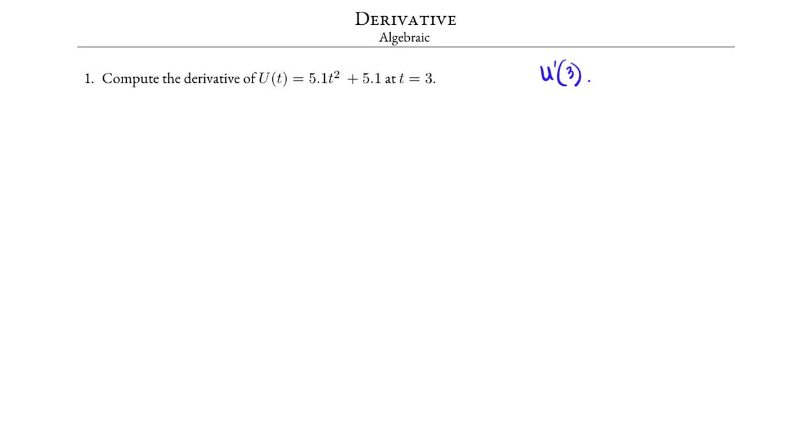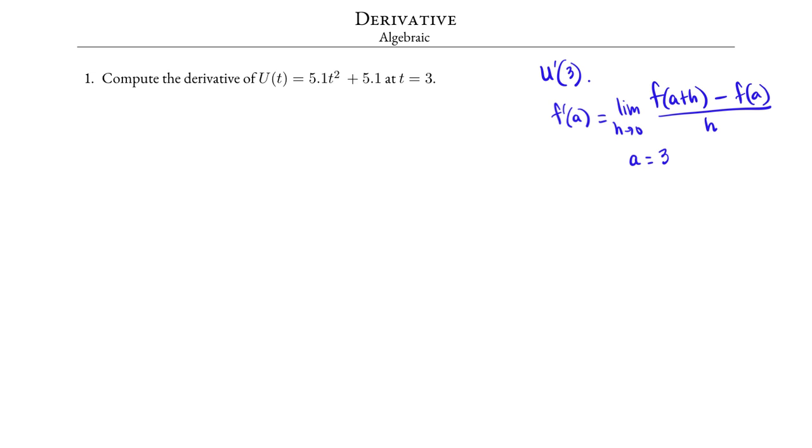We will do this by using the definition of the derivative: f prime of a equals the limit as h goes to 0 of f of a plus h minus f of a, over h. But the function in this case is u with a equals 3. This is the specific value of the input that was given.